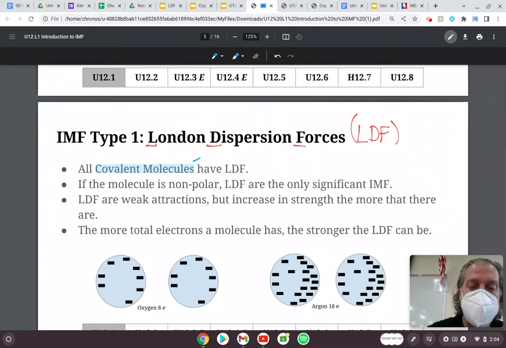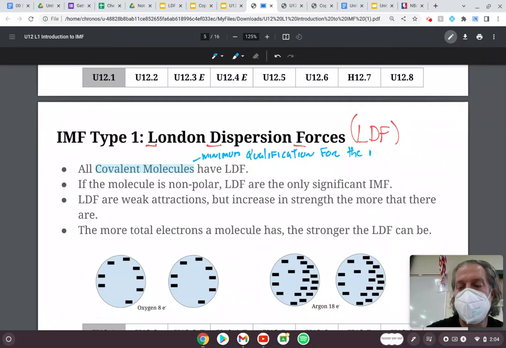So this is the minimum qualification for the presence of LDF.